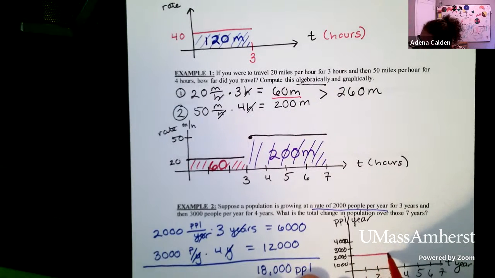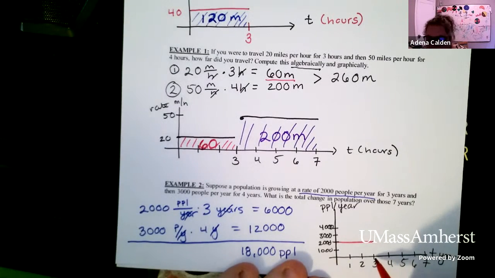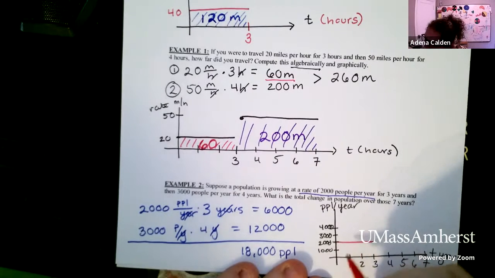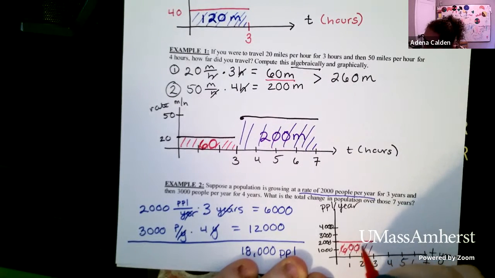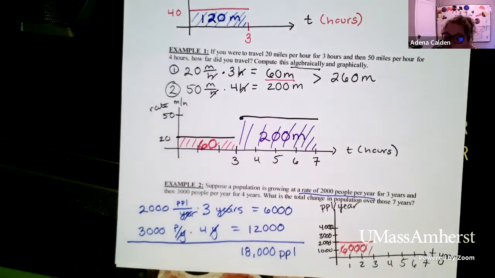So we have this constant between year 0 and 3. And again, if we multiply and we get the area of this rectangle, that gives us 6,000 people. And then from years 3 to year 7, that 4-year span, we're at 3,000 people per year.